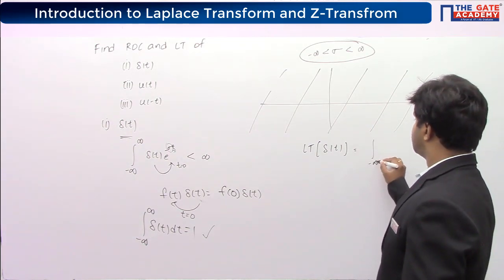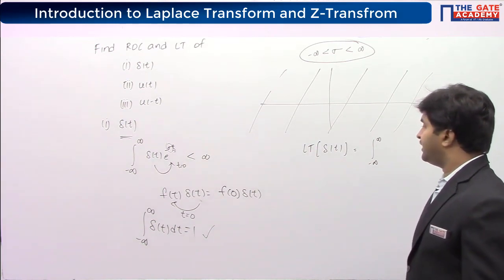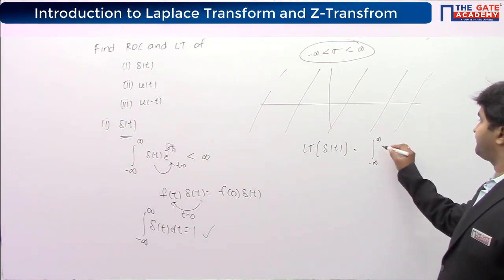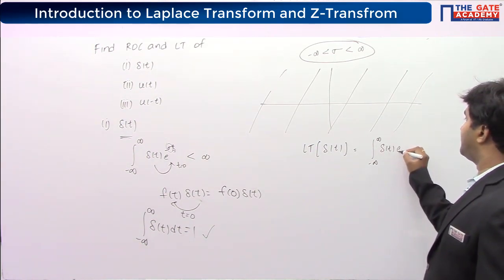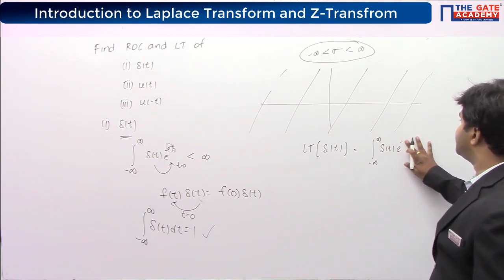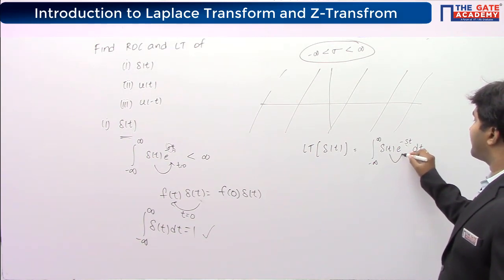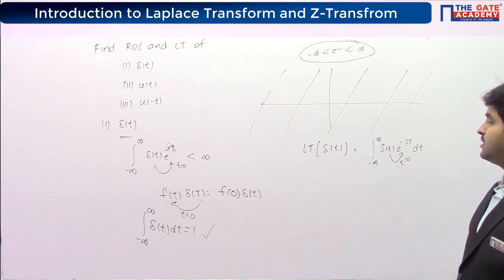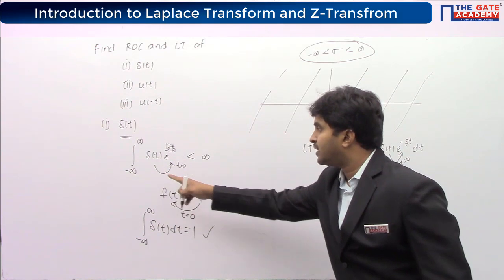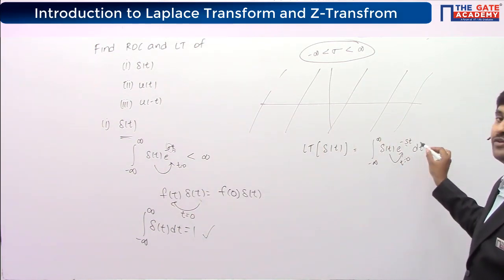It is the integral from minus infinity to infinity of del of t multiplied by e power minus st dt. Again we can put t equal to 0 here, for the same reason: you have del of t multiplied by some function of time.